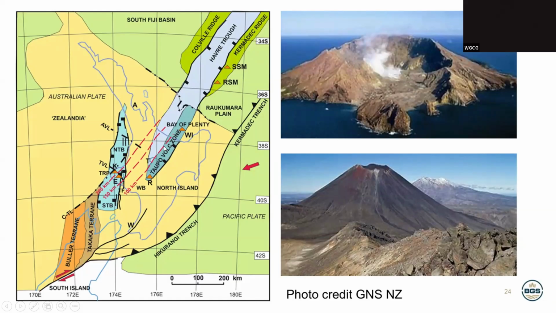And basically, that volcanism is back arc extension related to subduction along that Kermadec trench offshore here. Further back, there's another zone called the Taranaki Rift, which has got more evolved calcalkaline basalts in. Plus, these are mainly basalts and rhyolites.